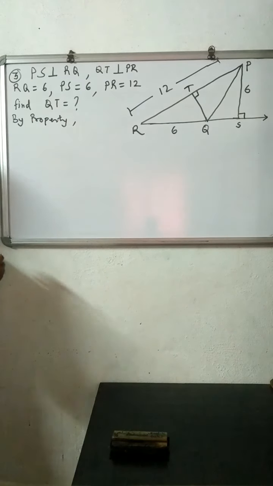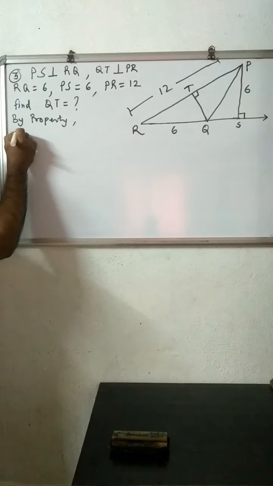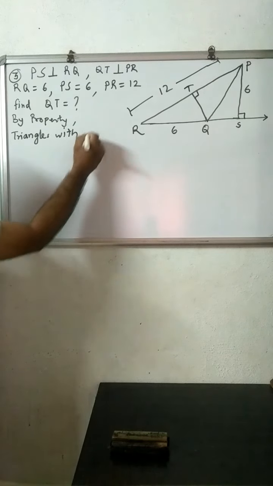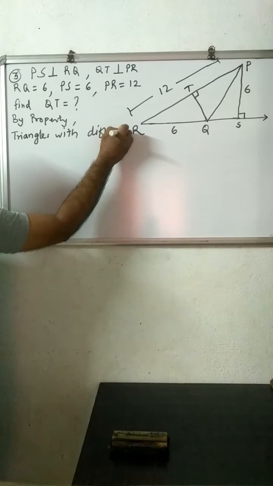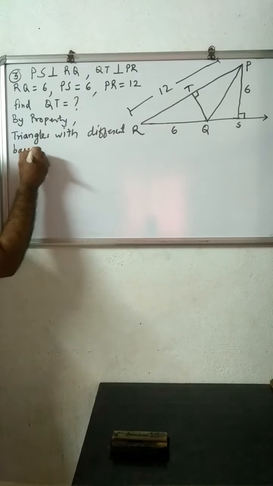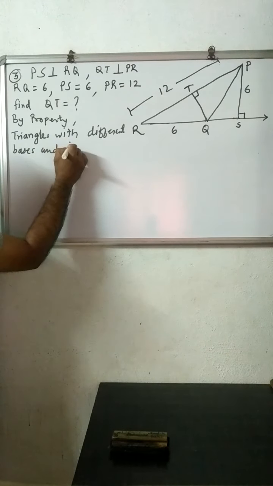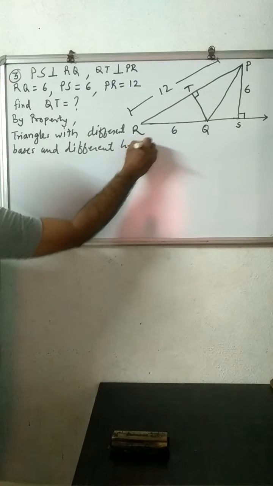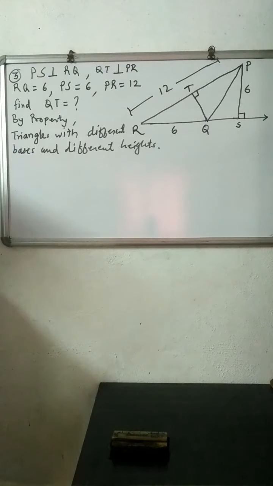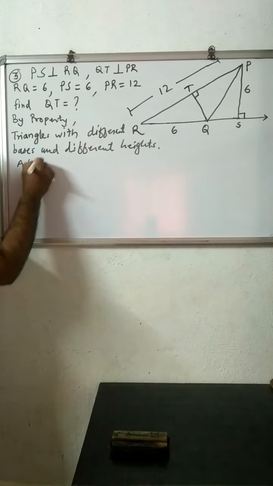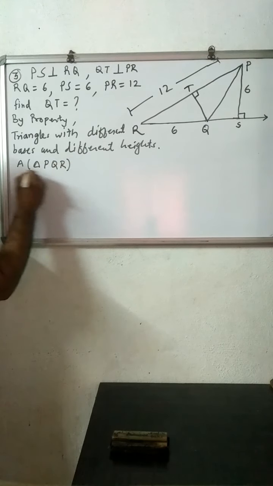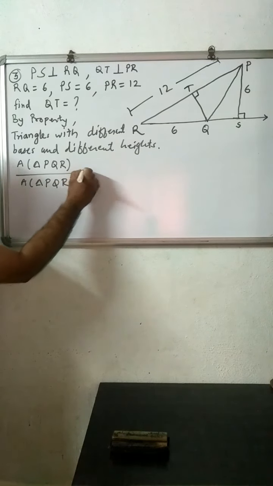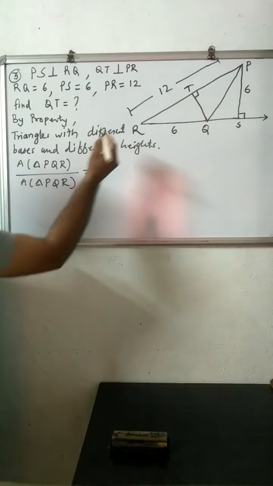first property, triangles with different base and different heights. So ratio of area of two triangles, area triangle PQR, same triangle, area triangle again PQR, triangle with different base and different height.